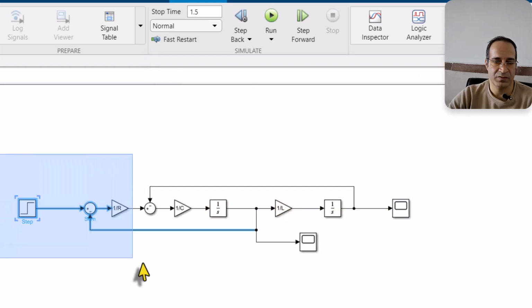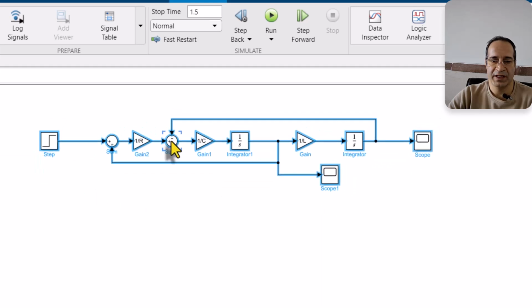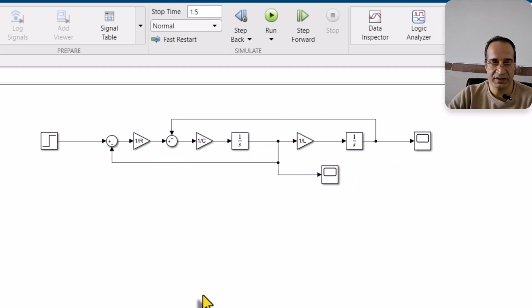Okay, this is the simulation for this circuit. We can simulate the RLC circuit using the elements in the power library of this MATLAB Simulink. For example, imagine I have a resistor branch.